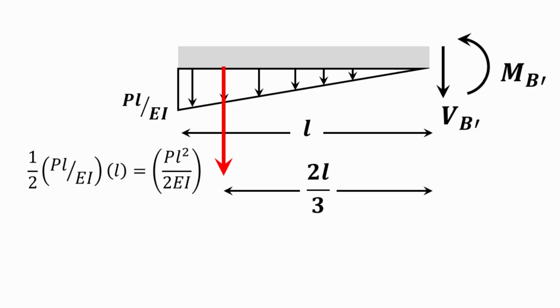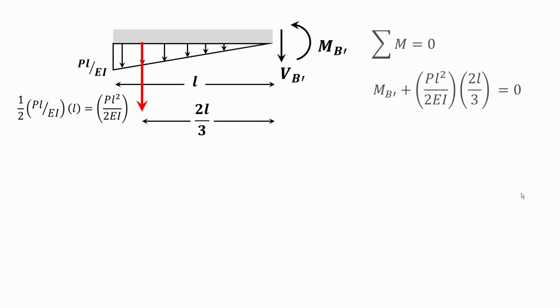Now I take the moments about point B prime. If I sum the moments, I will have MB prime plus the force PL squared over 2EI multiplied by the distance, which is 2L over 3. I get negative PL cubed over 3EI.